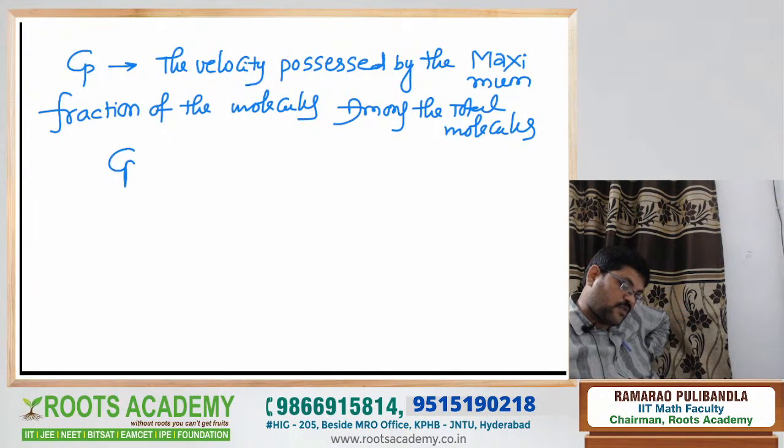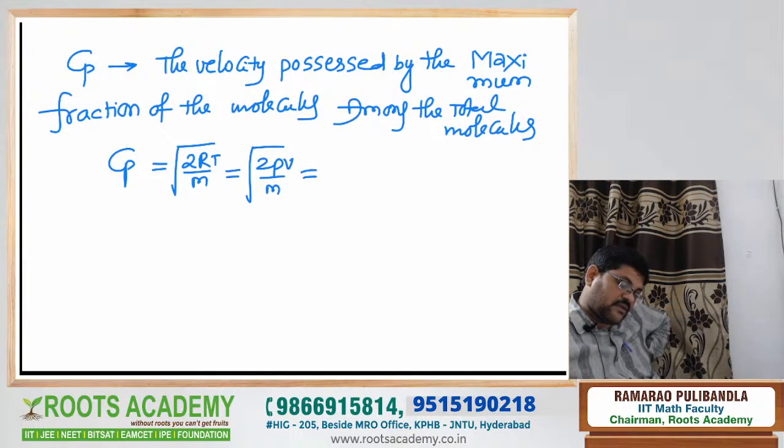Therefore, most probable velocity Cp is equal to root over 2RT by M, which is equal to root over 2PV by M, which is equal to root over 2P by D.